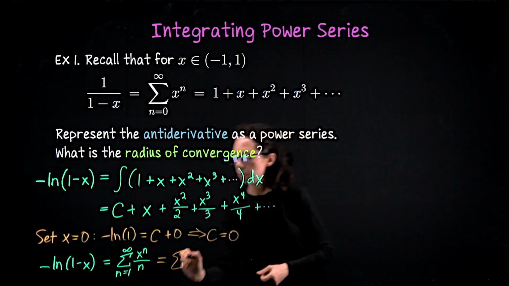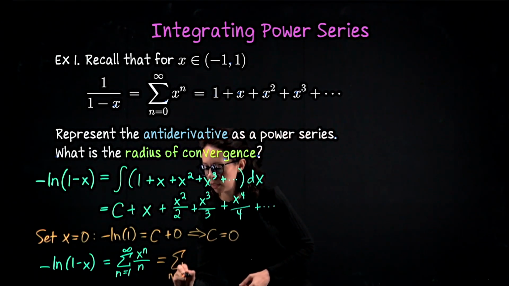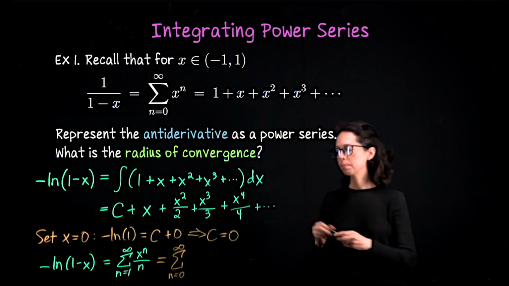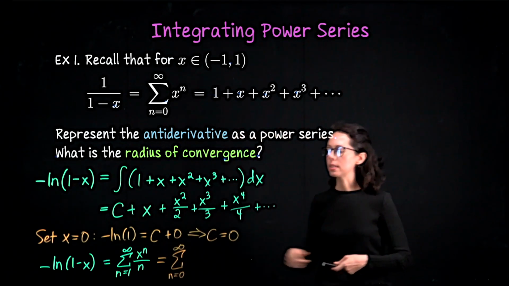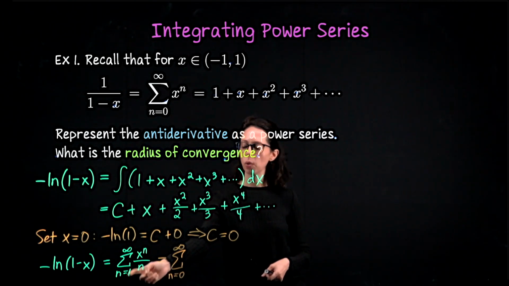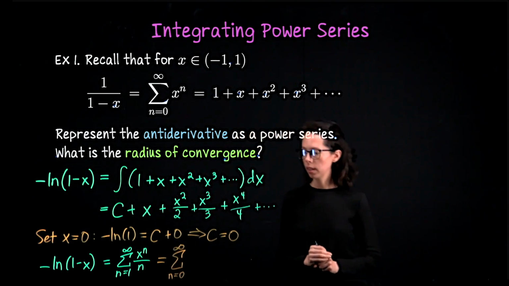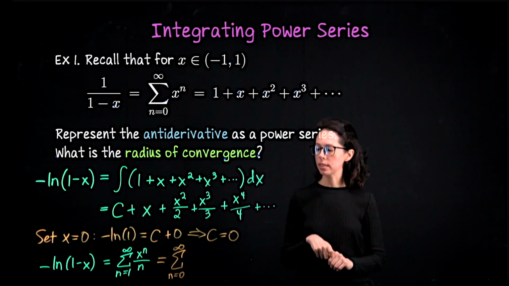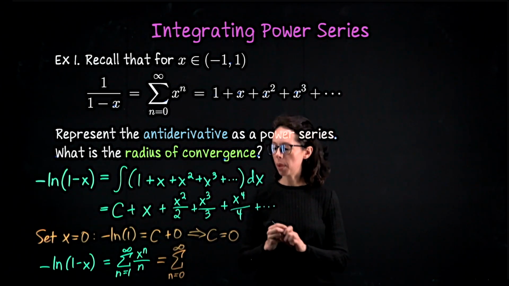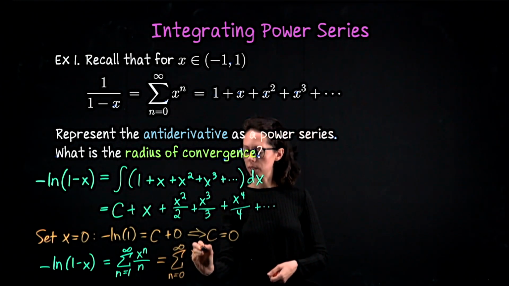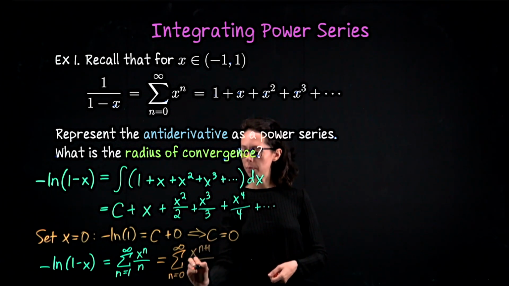I'm going to start from n equals 0 rather than n equals 1. The principle is if you lower this index by 1, you need to raise these by 1. So if I've lowered from n equals 1 to 0, I need to bump them up by 1. So this is x to the n plus 1 divided by n plus 1.